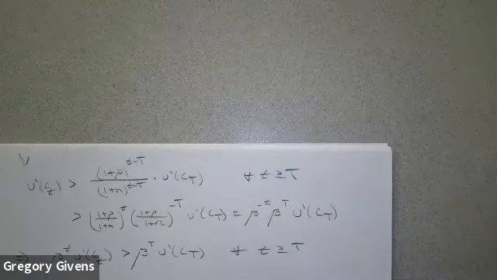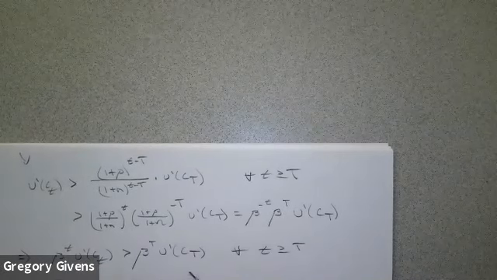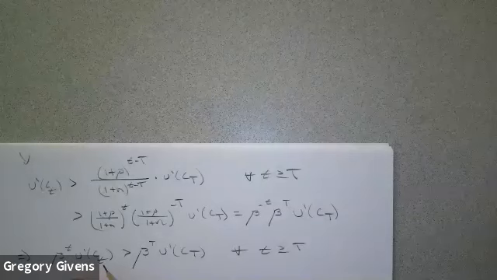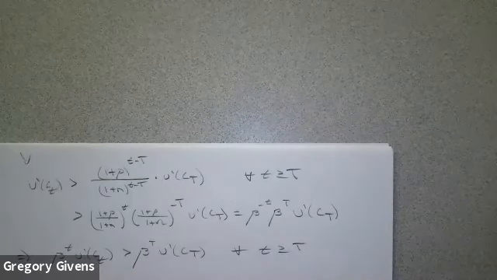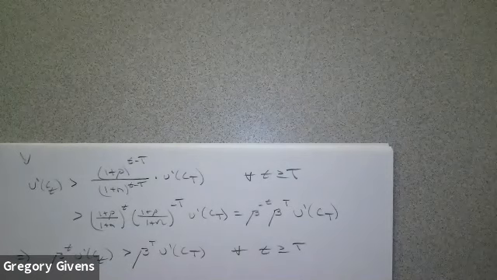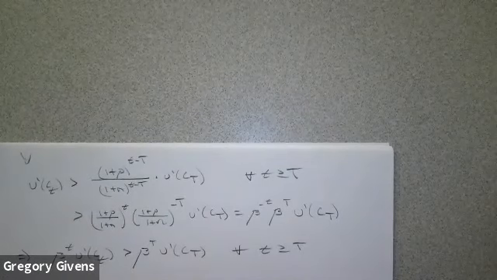So we know that once the capital stock exceeds the golden rule, then the present value of the marginal utility of consumption at date t is bigger than the present value of the marginal utility of consumption at date capital T. All right. Well, what else do we know? We know that k_t is bigger than the golden rule, right?